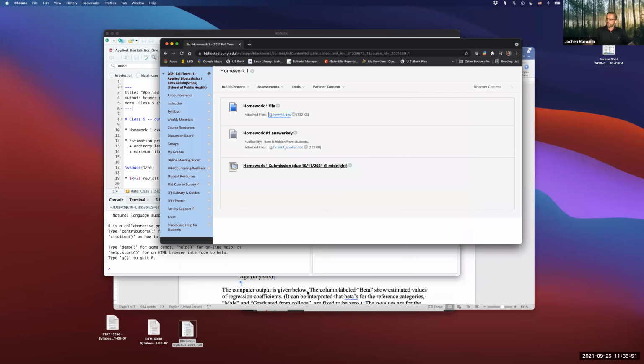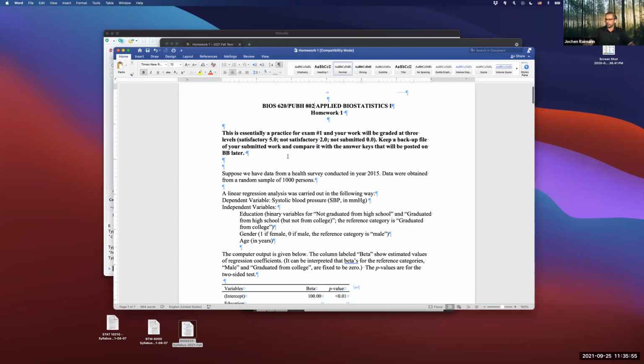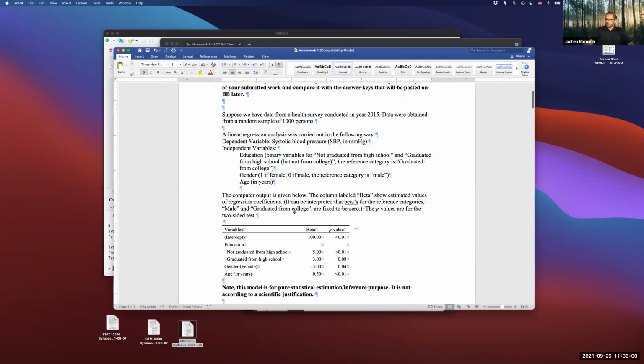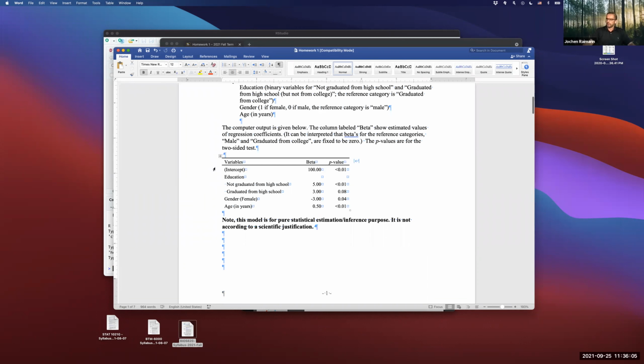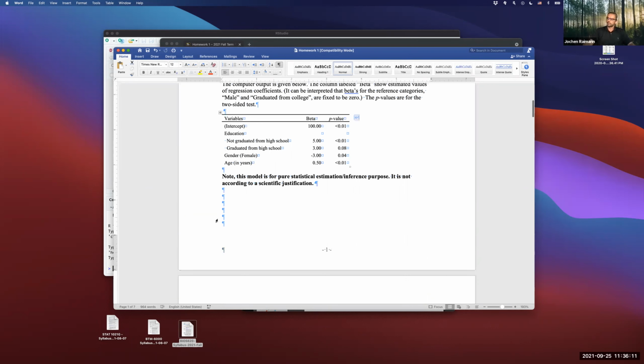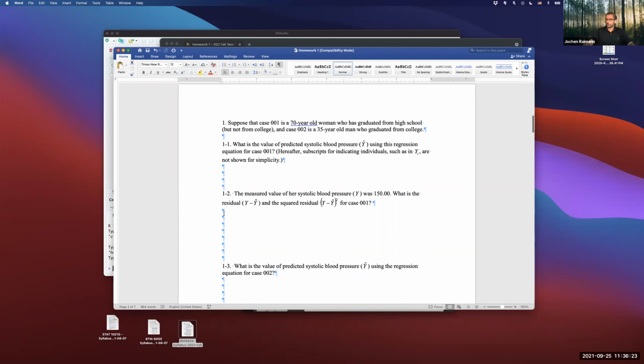So homework 1 is downloaded now in the meanwhile. Here we have homework 1, the outline. We're seeing here the model. This model is essentially not scientifically justifiable. However, we have here betas and the p-values, and examples that will ask you to employ what we have learned over the last 4 lectures.